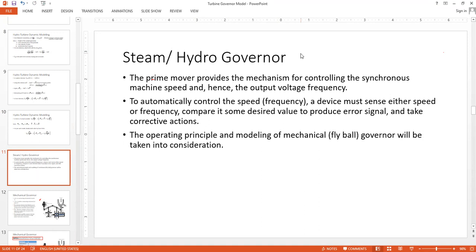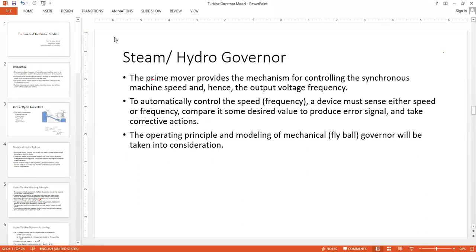Okay, any question? Why are we using a hydro turbine and not any other prime mover, for example, a diesel engine? Actually, it depends on the availability of resources. If you have the structure available, if you have the water resource available, then you can build the dam, if you have the money, of course.